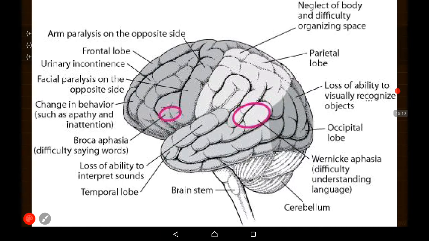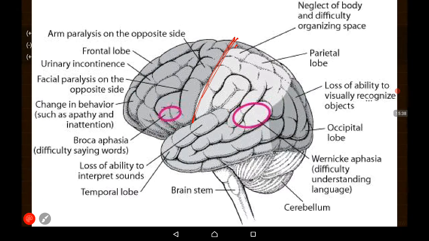Frontal lobe is divided from parietal lobe by the central sulcus here, and parietal lobe is divided from the temporal lobe by the lateral sulcus.